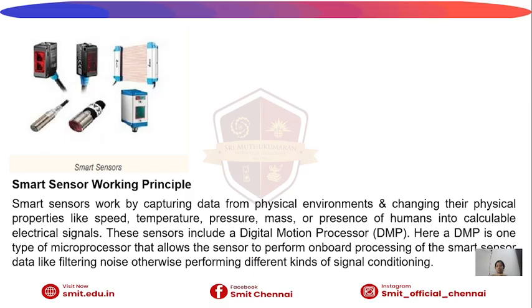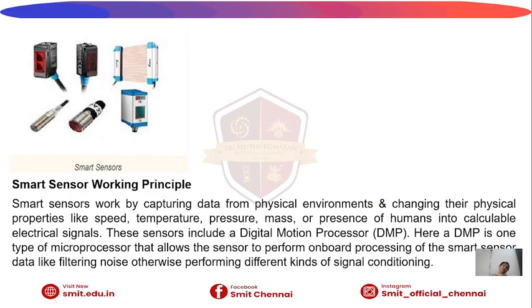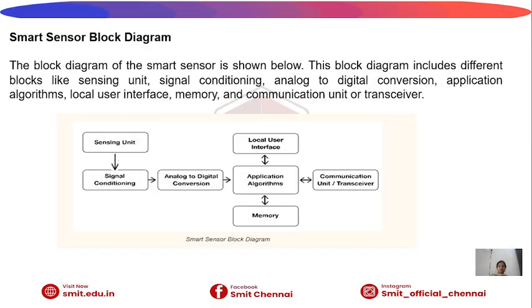It performs not only amplification and filtering, but also signal conditioning. This is the main unit, the microprocessor. Here I gave some small sensors like a proximity sensor and a DMP sensor.